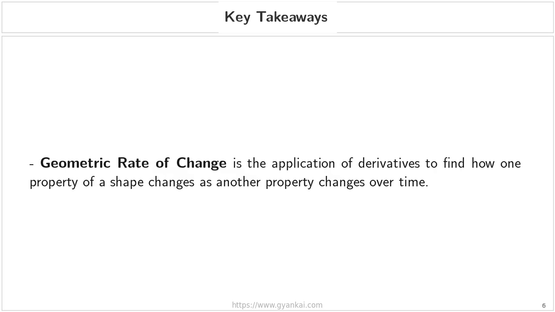Key takeaways. Now that we have walked through the practical examples and identified the common pitfalls to avoid, let us conclude this lesson by reviewing the key takeaways. First, let's recap the core concept. Geometric rate of change is the application of derivatives to determine how one property of a shape, such as its area or volume, changes as another property, like its radius or side length, changes over time.